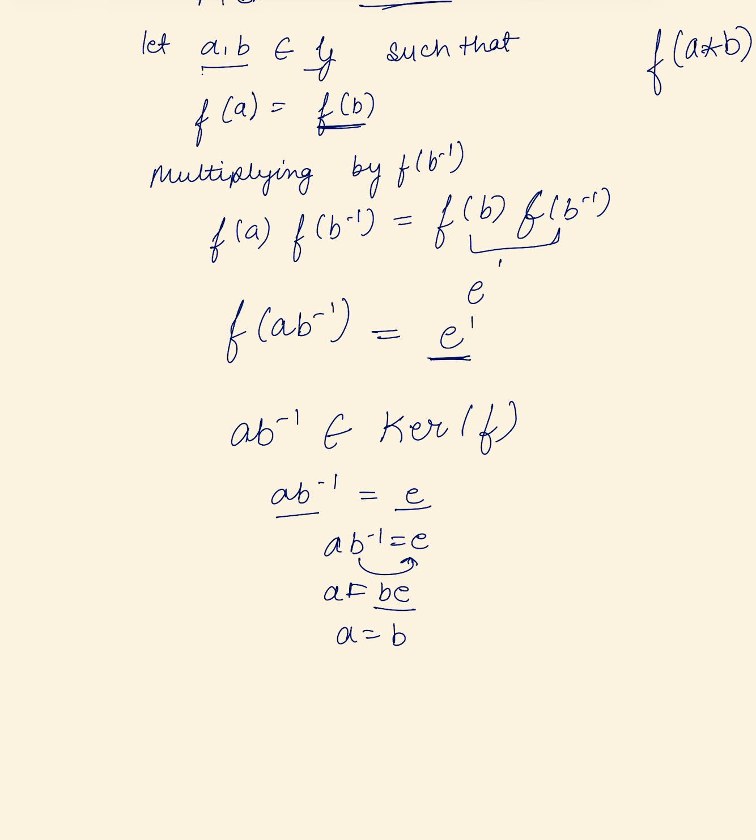So we can write a equals b. This shows that if two images are equal, then their elements are also equal.